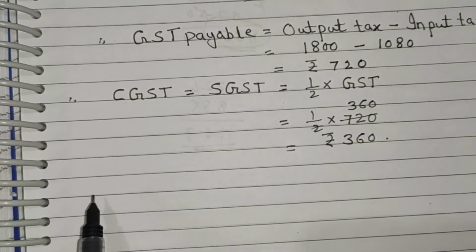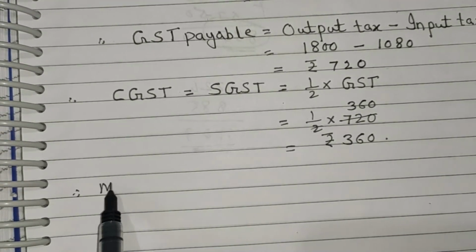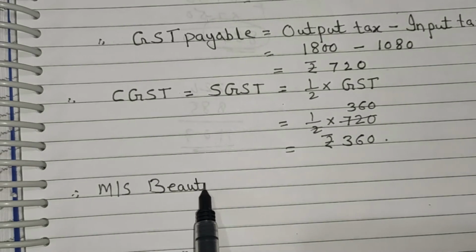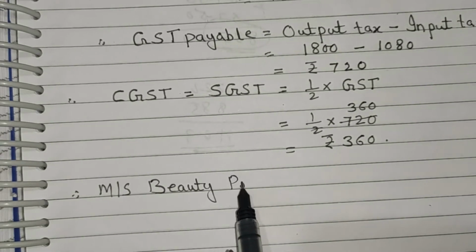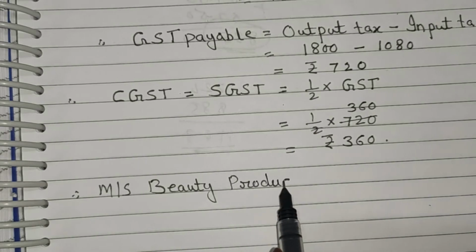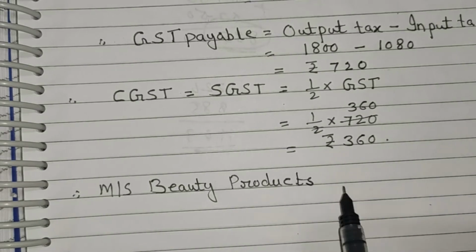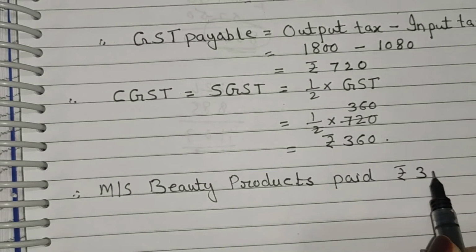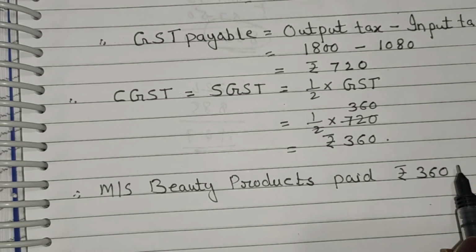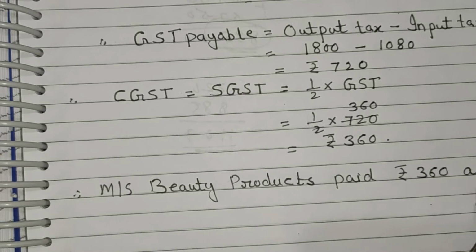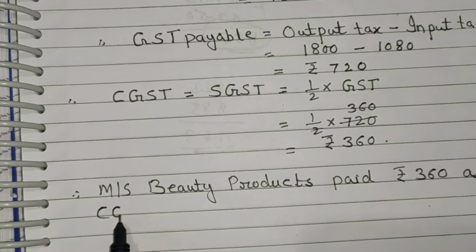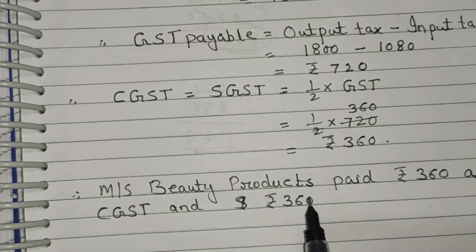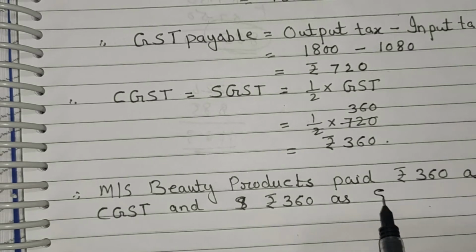Therefore write down the answer here. Messrs Beauty Products paid rupees 360 as CGST and rupees 360 as SGST.